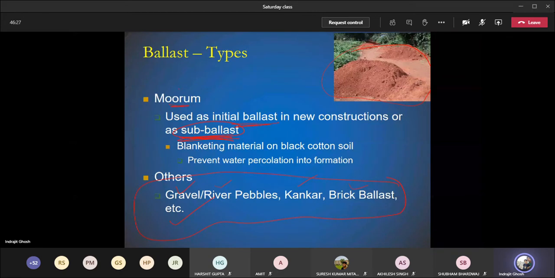But these are the four materials which have been used extensively. What are those four? One is broken stone, second one is sand, third one is coal ash or cinder, and fourth one is Moram. So these have been used extensively either for the normal track or initial construction of the new track or for use as a blanketing material.